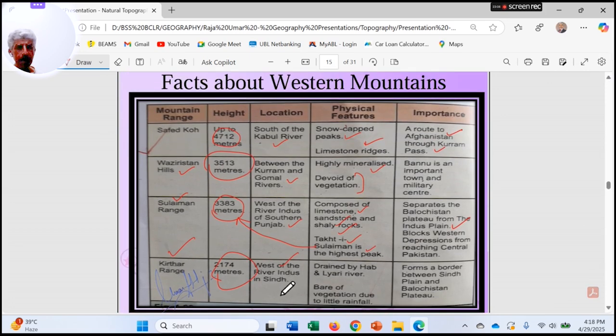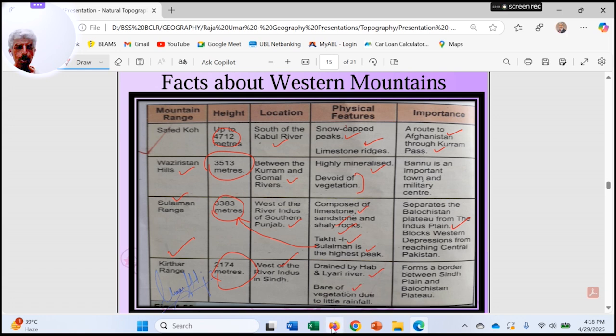Drained by Hab and Liari rivers. These rivers originate from the mountains of Kirthar Range. Both flow downwards towards south and fall into the Arabian Sea.